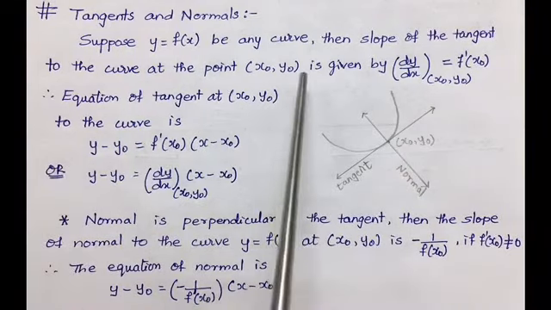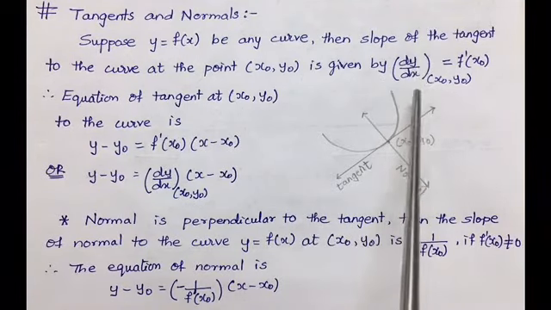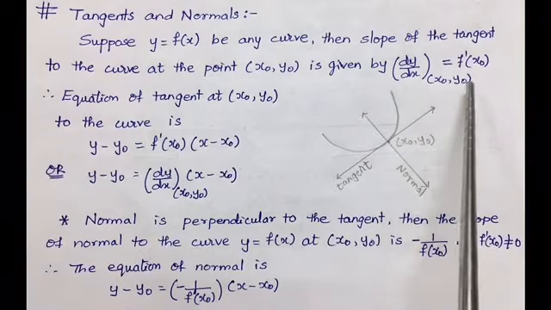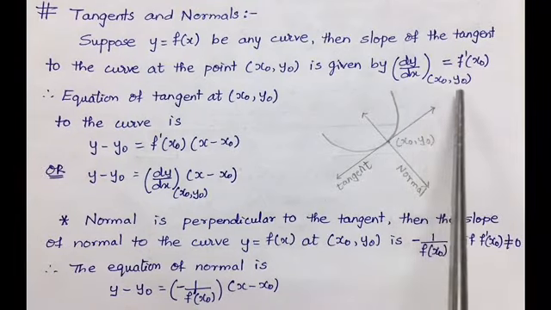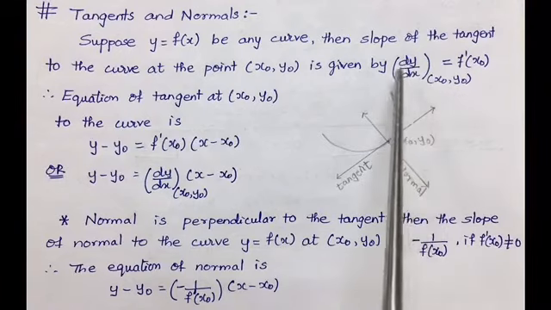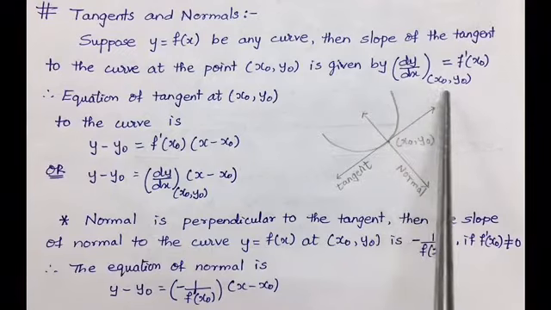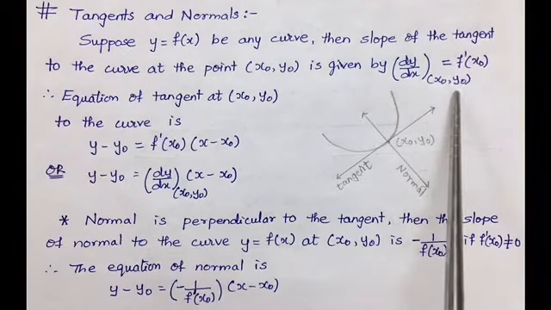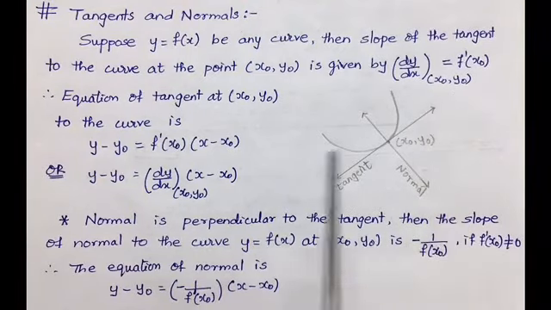Now the slope of the tangent is calculated by the first derivative, that is dy/dx. So dy/dx is the formula for calculating slope. If the point (x0, y0) is given, then after finding the derivative, the values of x and y can be substituted as x0 and y0 respectively.